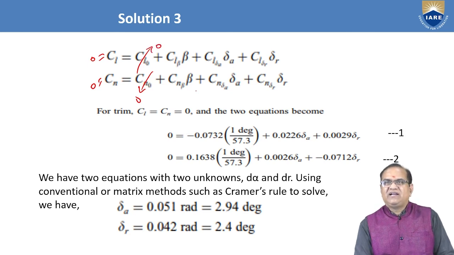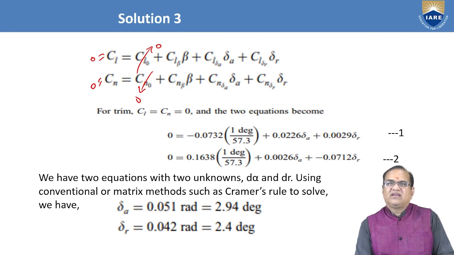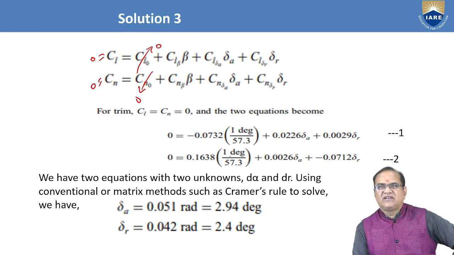So CL is given as 0.0732 into 1 degree divided by 57.3 in radian, plus 0.0226 delta A, plus 0.0029 delta R. For Cn, Cn beta is given as 0.1638 into 1 degree by 57.3.